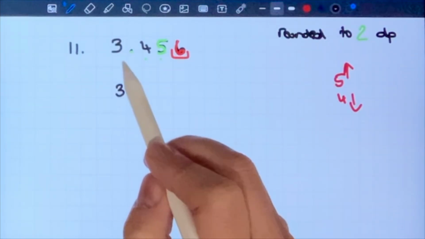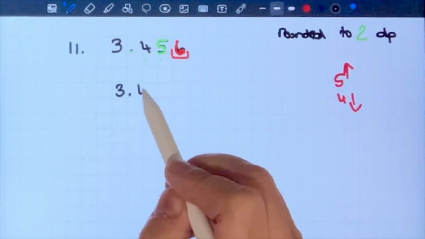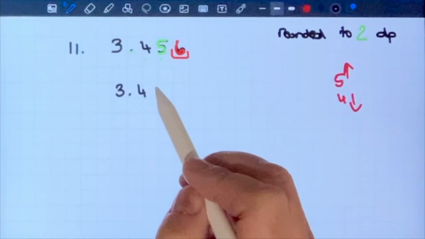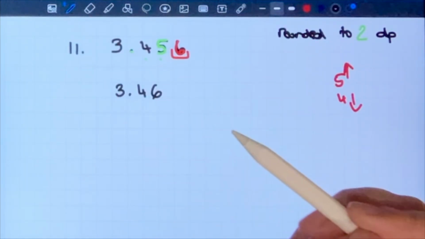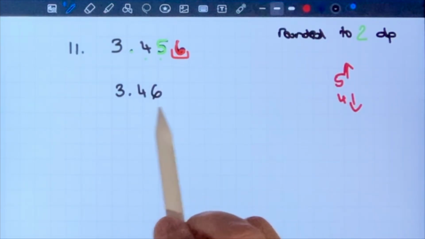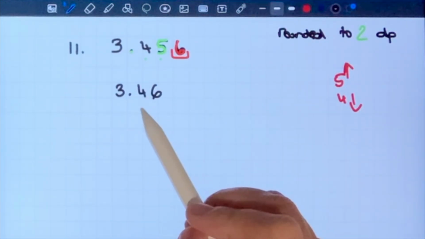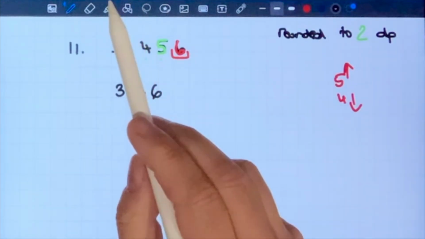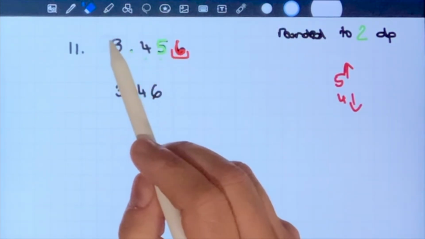So my answer is 3.4, and now this has been rounded up to 6. And that is now rounded to 2 decimal places. Okay.